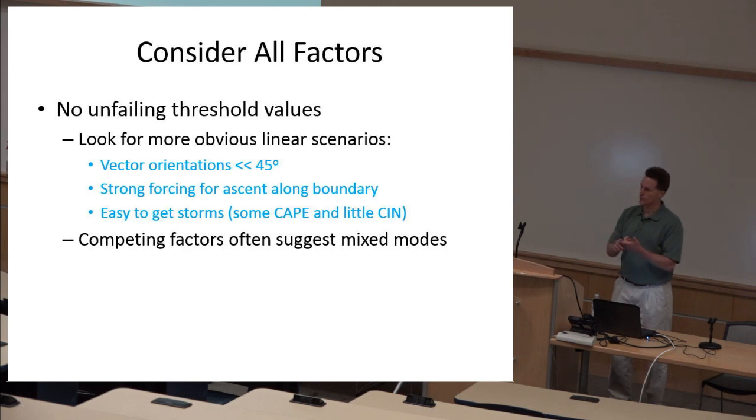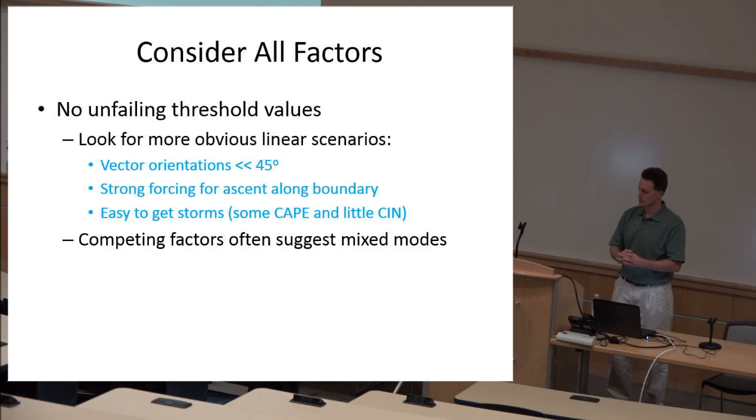But the idea is to look for the most obvious discrete or linear cases where the shear vector and flow orientations are much less than 45 degrees, much more parallel, or much more clearly across the boundary. Again, cases where there's well-defined, strong, low-level forcing for ascent, and the thermodynamic environment makes it easy for storms to generate.